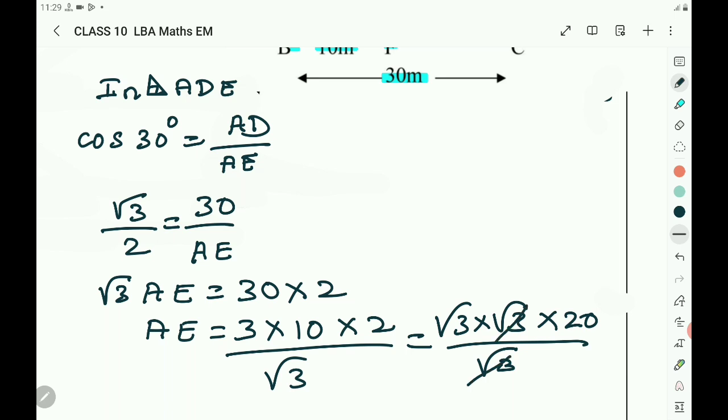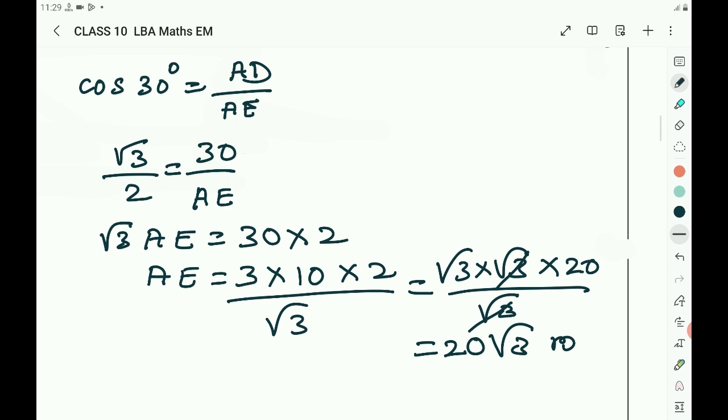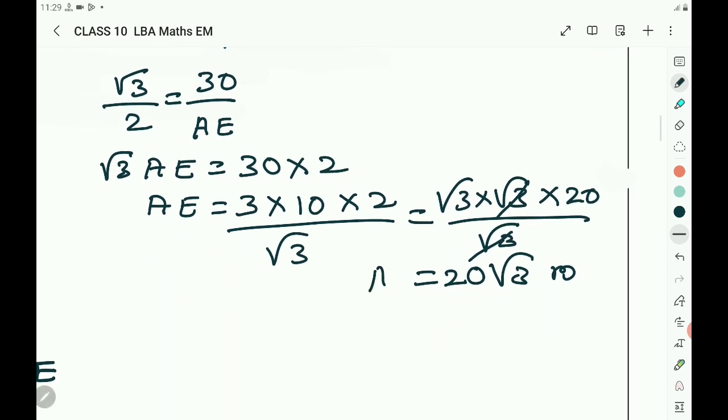You can cancel root 3, then you got 20 root 3 meter. That is the distance between the tops of the lighthouse and the tower. You got AE equals 20 root 3 meter.